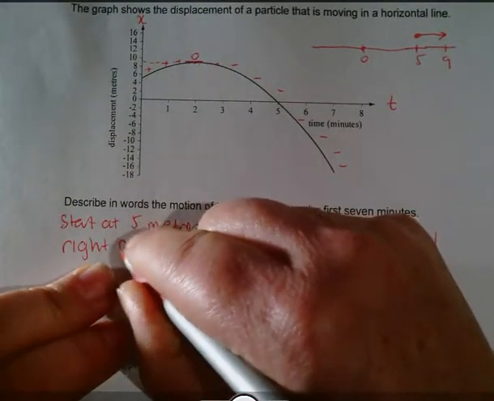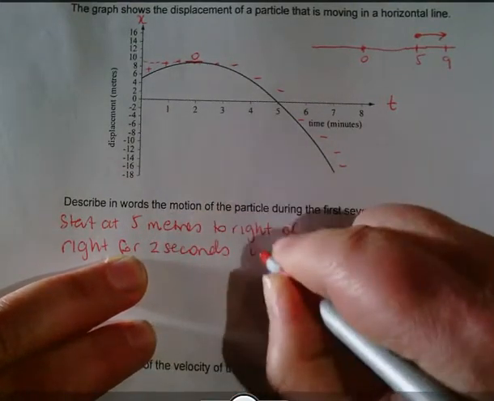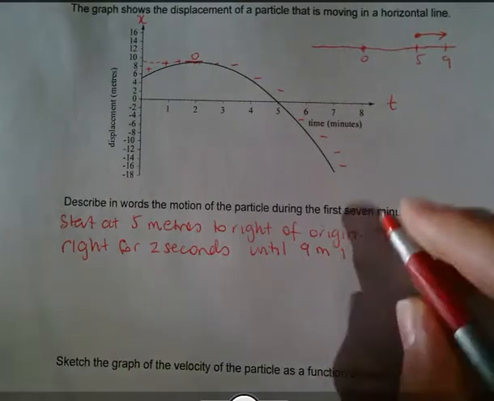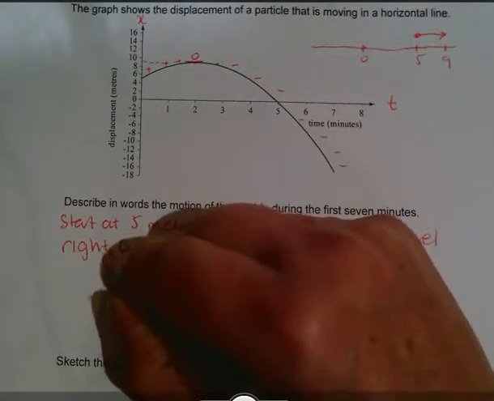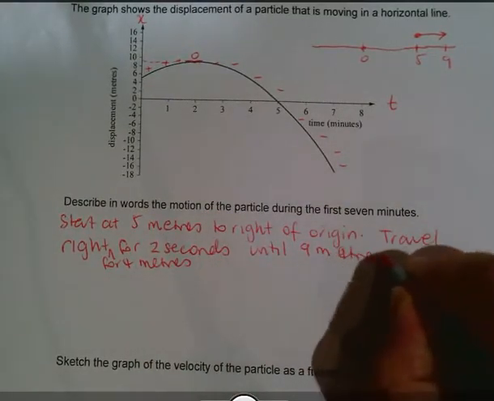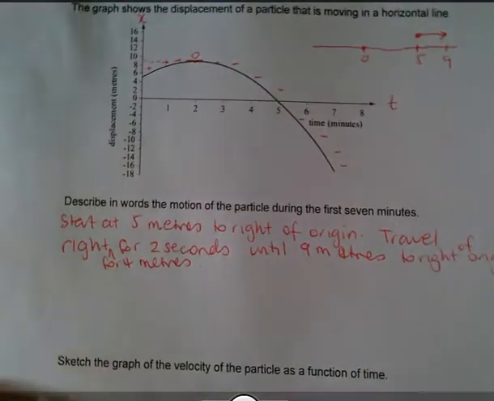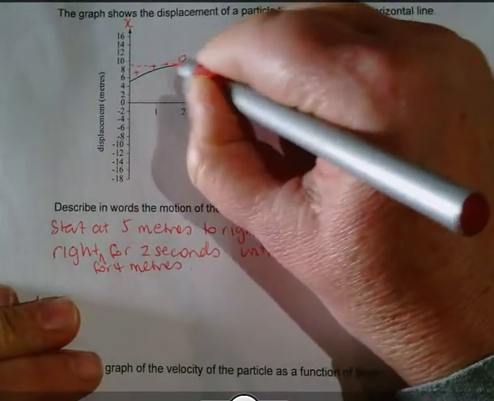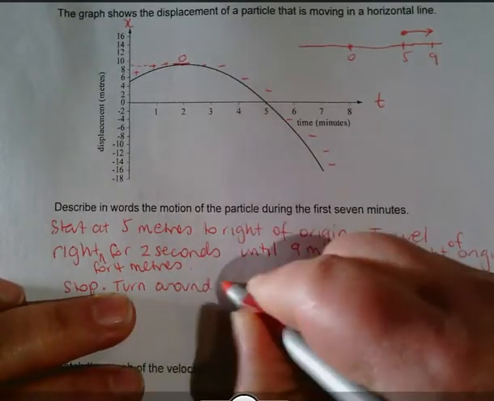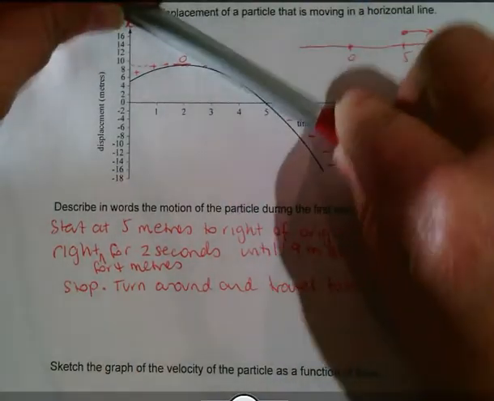I travel right for 2 seconds until you are 9 meters, so you travel right for 4 meters, for 2 seconds, until you are 9 meters to the right of the origin. Okay, you then, velocity's 0, so you then stop and you turn around and travel to the left because my velocity now is negative.